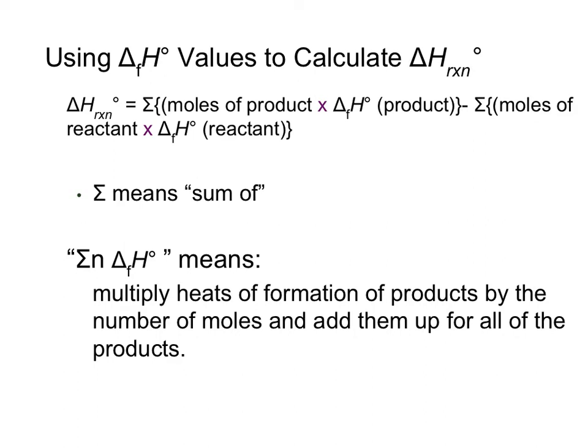And then we also have to look at our balanced chemical equation and account for the moles in that. When you're looking at this equation here, just recall that this Greek symbol here just means the sum. And so we're looking at the sum of all of our enthalpies of formation for products minus the sum of all of the enthalpies of formation of reactants.